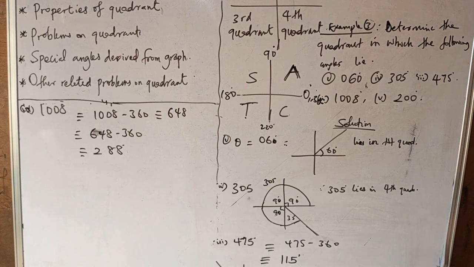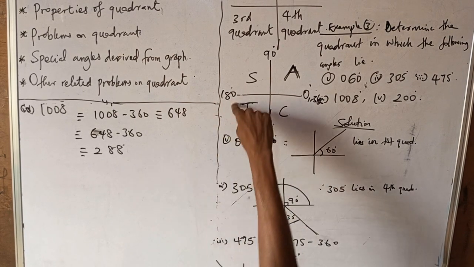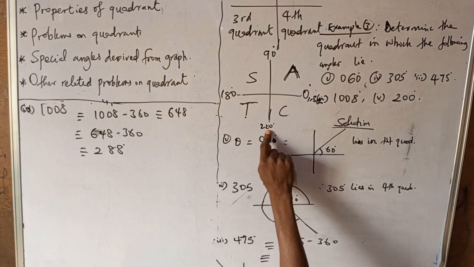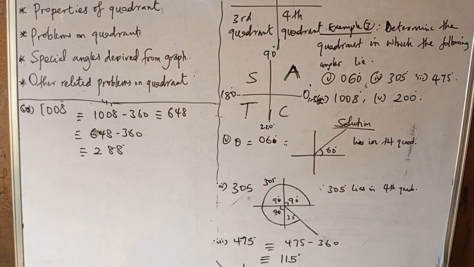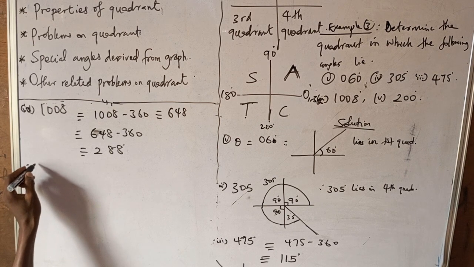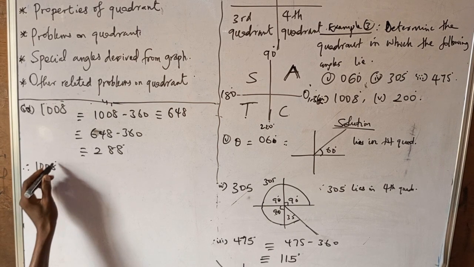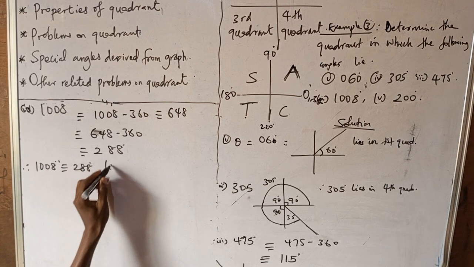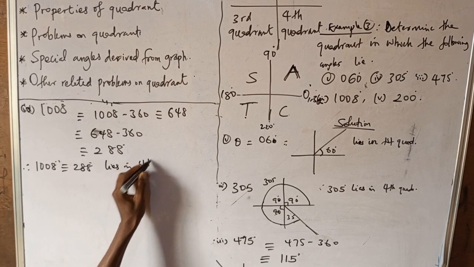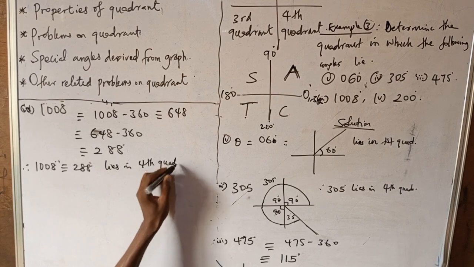Going back to your quadrants, this is greater than 180 and also greater than 270. So automatically it will fall in the fourth quadrant. Therefore, my 1008 degrees, which is equivalent to 288, lies in the fourth quadrant.